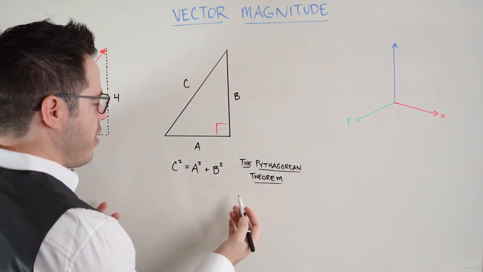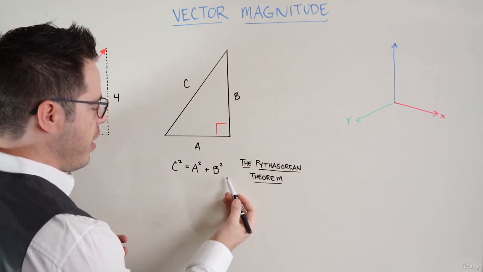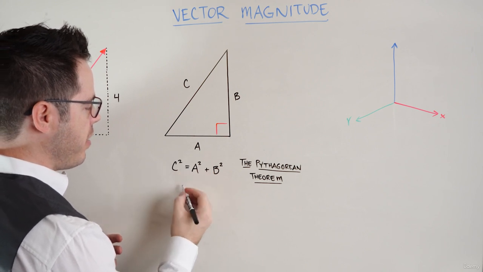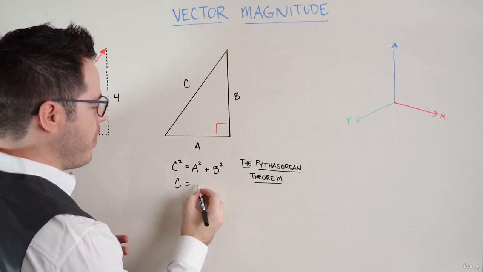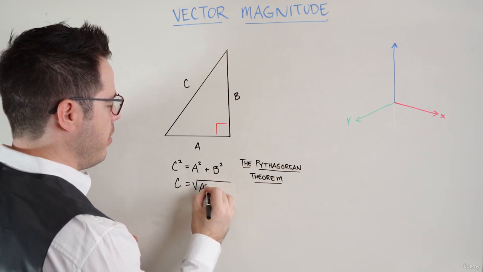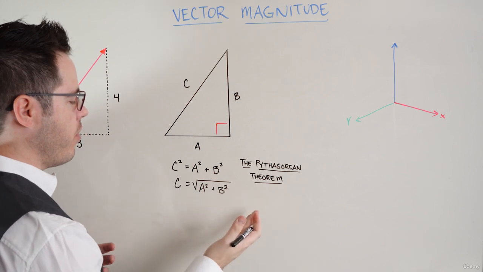So how do we solve this equation for c? Well, we take the square root of both sides of the equation in order to get c by itself. So the square root of c squared is simply c. And the square root of the right side, well, that's the square root of a squared plus b squared. We have to take that whole quantity and take its square root.